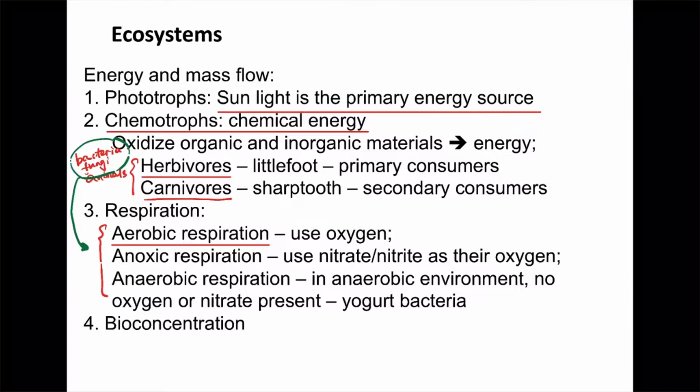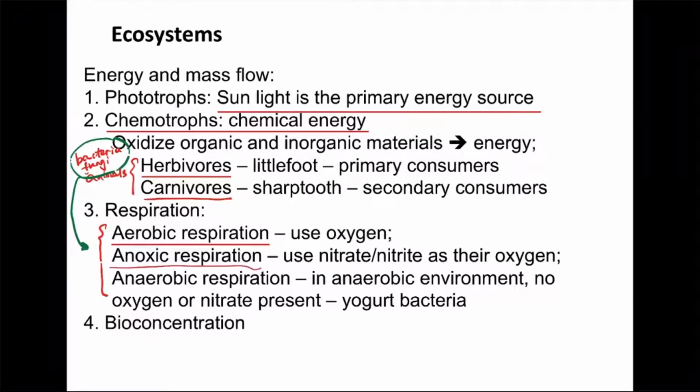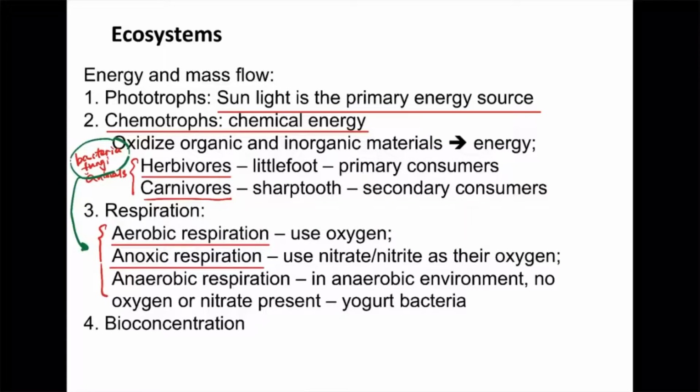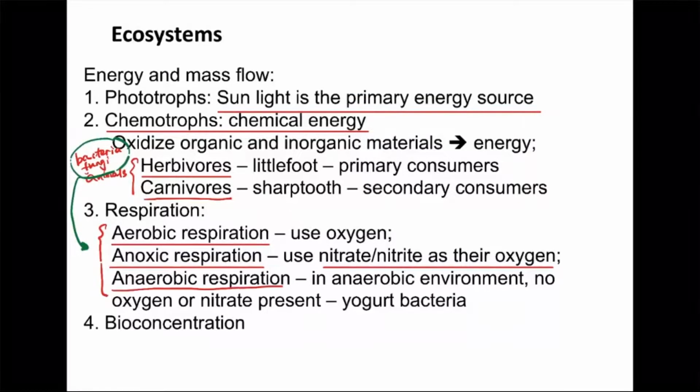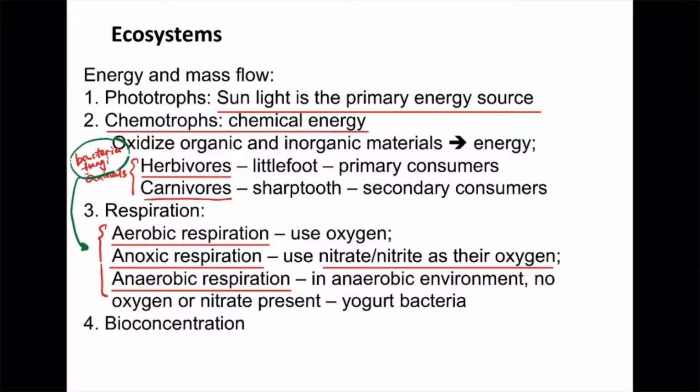So there can be anoxic respiration, which means that they don't use oxygen, but instead they use nitrate or nitrite as their oxygen. This is for a small fraction of the bacteria. So there can also be anaerobic respiration, which means that the bacteria can only live in the environment when there's no oxygen or no nitrate present.